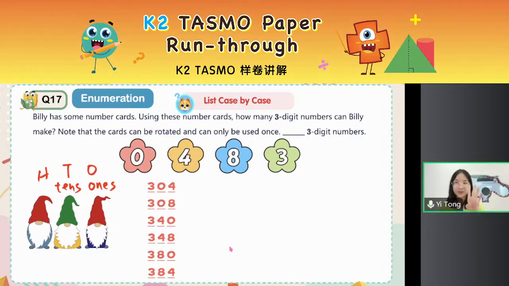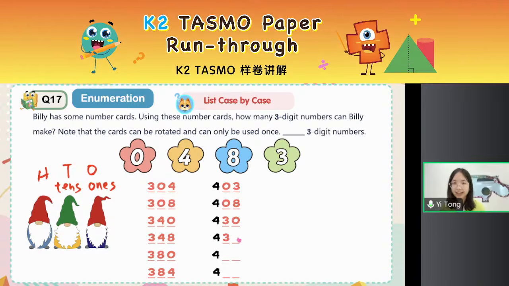Yes, it's 4, okay? So 4, what is the smallest one we can make? 4, 0, and 3. And 4, 0, and 8. Now the next one. 4, yes, 3, and 0.